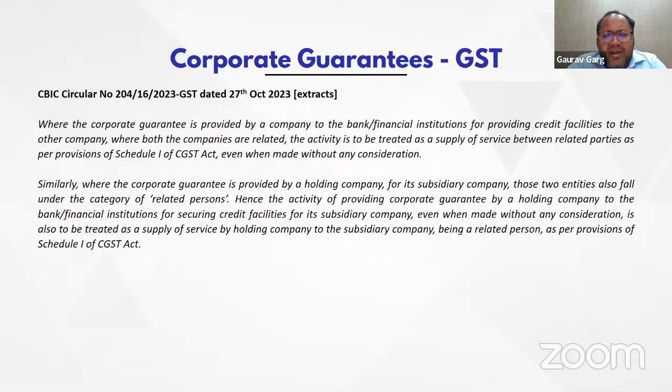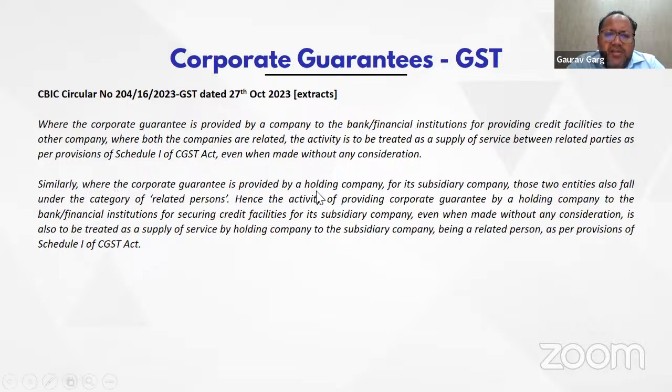So very clearly, they are saying this applies if the corporate guarantee is provided by a company to a bank or financial institution. So if the other entity is not a bank or a financial institution, possibly the circular will not get attracted.